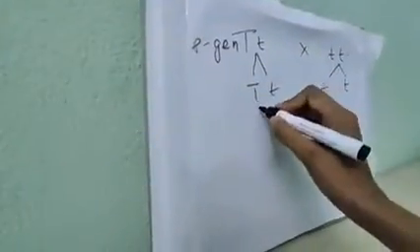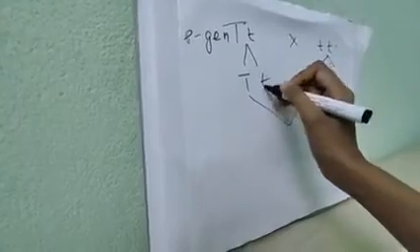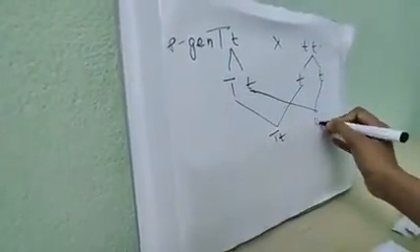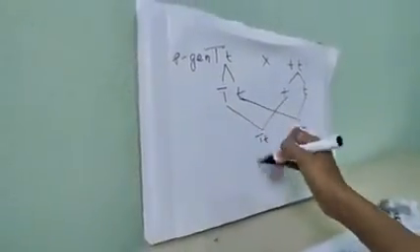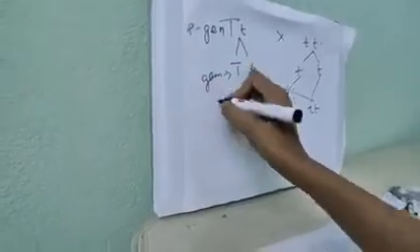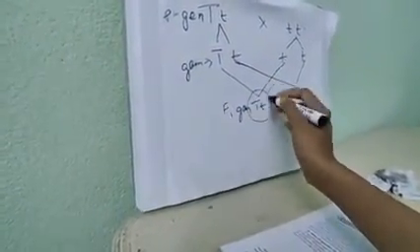So in the F1 generation, what percentage of tall plants will we get? We are getting one tall and one dwarf. So we will get 50% tall plants. Got it?